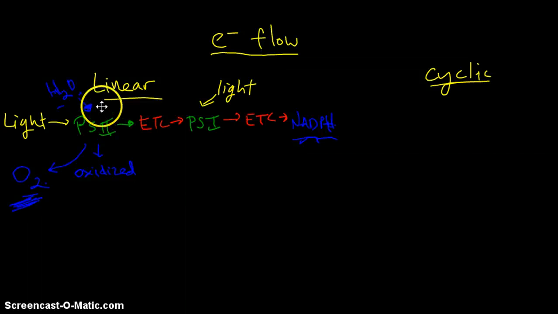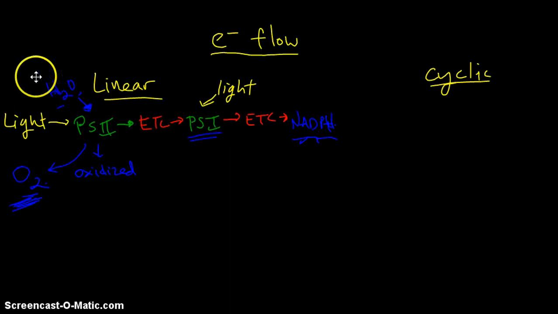So imagine we've got these electrons that are excited, passed down this electron transport chain to photosystem 1. Well, remember, more light strikes the pigments in photosystem 1. Those electrons are excited and passed down another electron transport chain. So the question is, where does photosystem 1 get its electrons to replace those that are lost to its electron transport chain? And the obvious answer is from the previous electron transport chain.